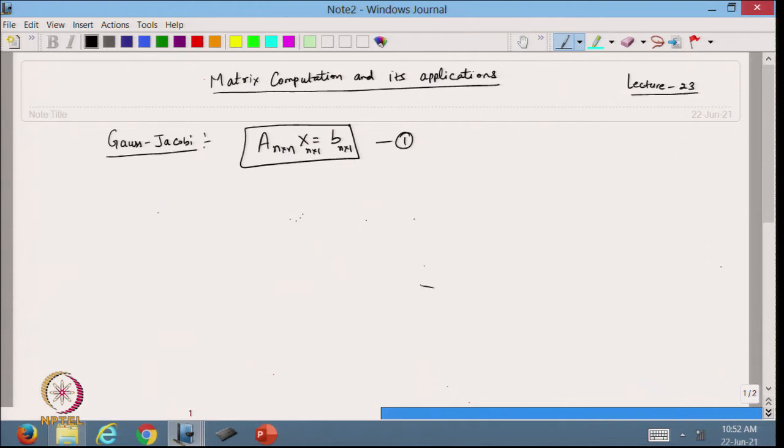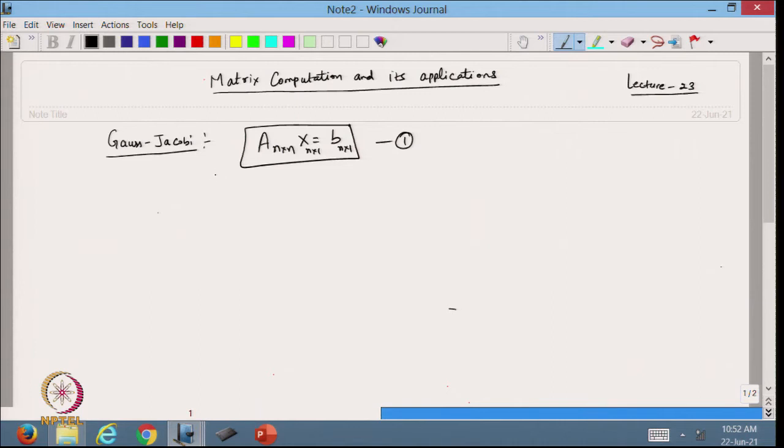It is not a 3 by 3 matrix, it may be a million by million matrix. I want to solve this system to find the solution. In real applications we always deal with such matrices of very large dimension, so we apply an iterative process.